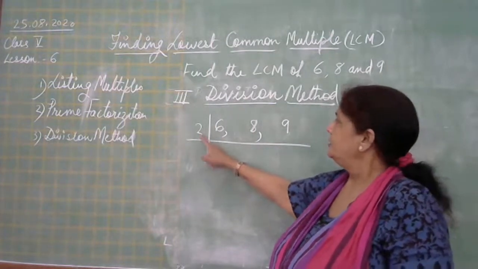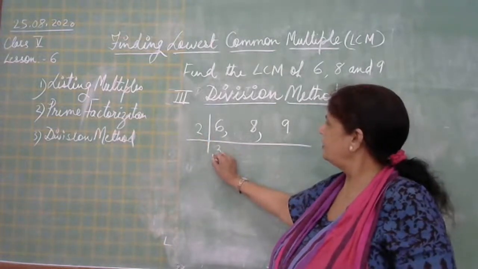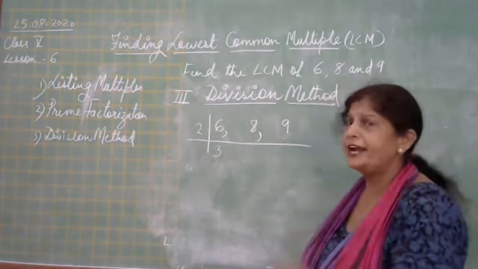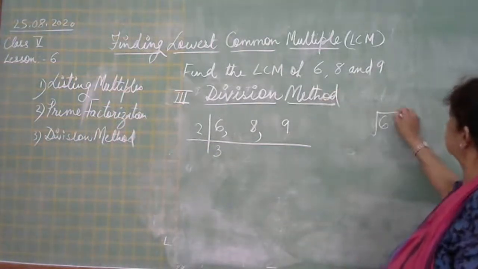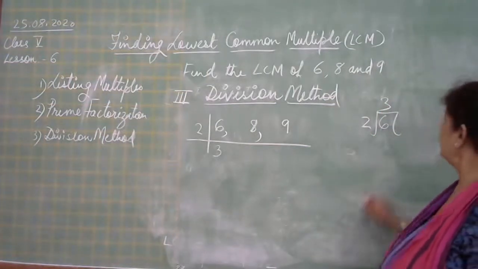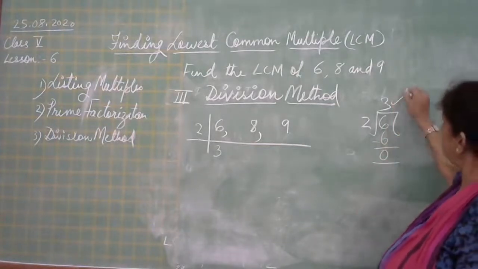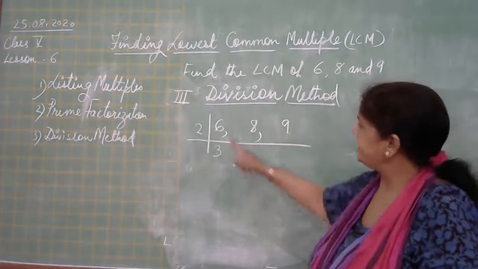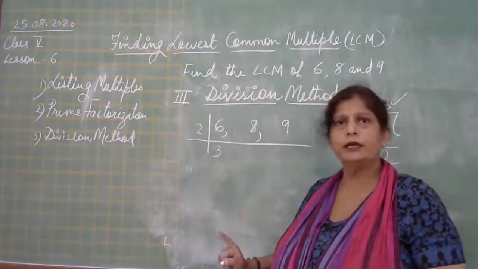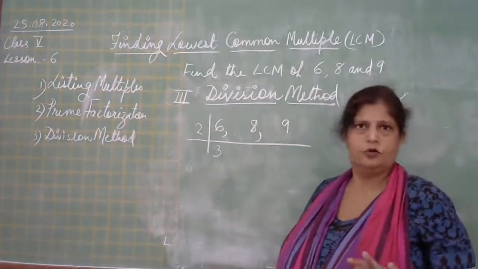So here 2 times 3 is 6. Now what I am doing, children, when you divide 6 by 2, you write the quotient here, and you write 6 here. So what quotient you are getting, we will write that quotient right below the number, ekdam number ke niche, in the next line.